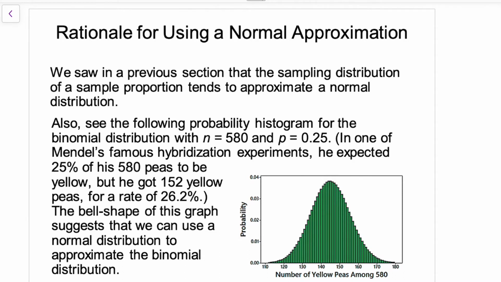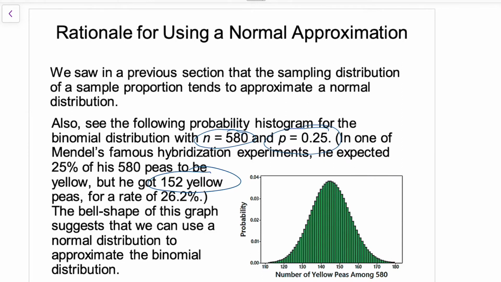He's doing 580 trials with the probability that each trial will come out yellow being 0.25. What he saw when he did this experiment was 152 yellow peas, and he wanted to know whether this was significant or not.